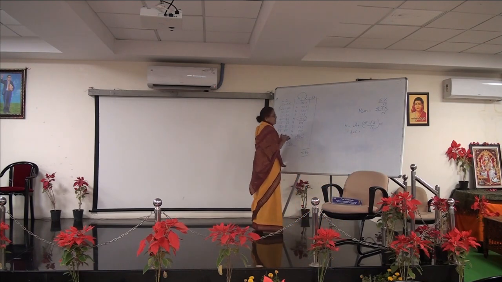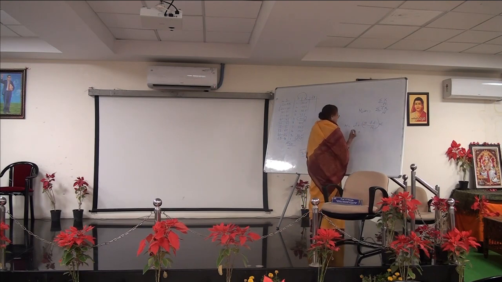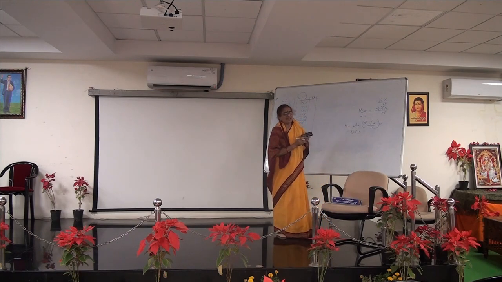We know that. Then what is this D? We also know the frequency. What is this D? Deviation. This is called deviation. How do you find out this deviation?